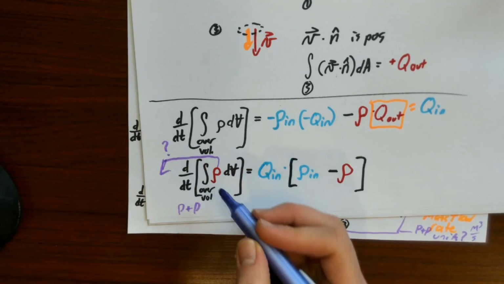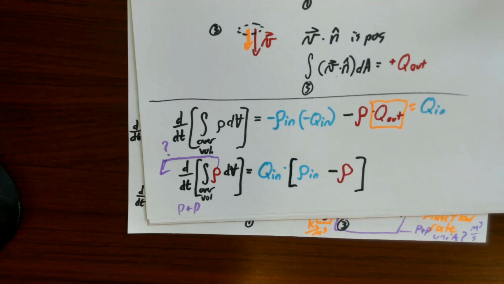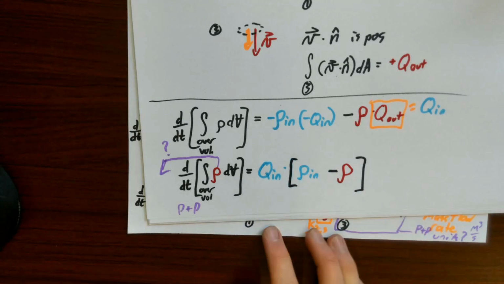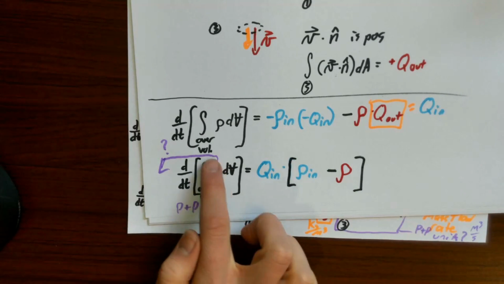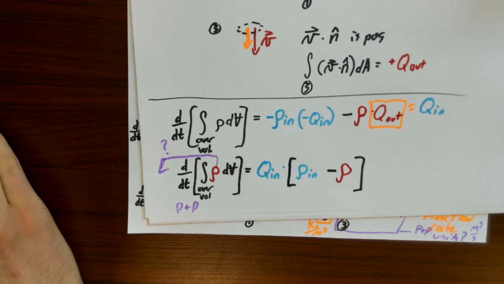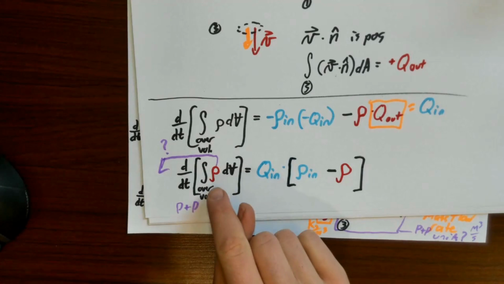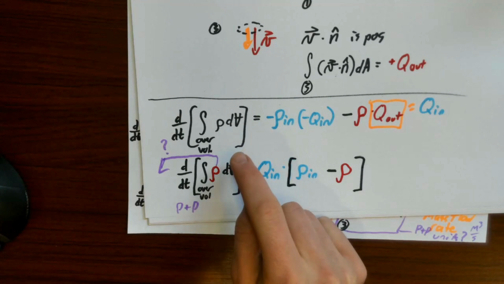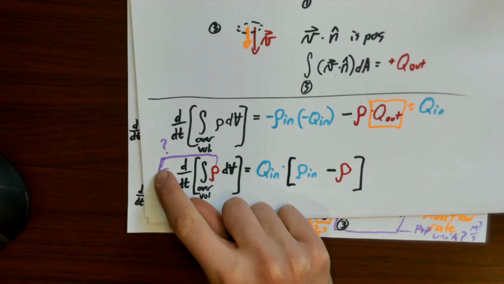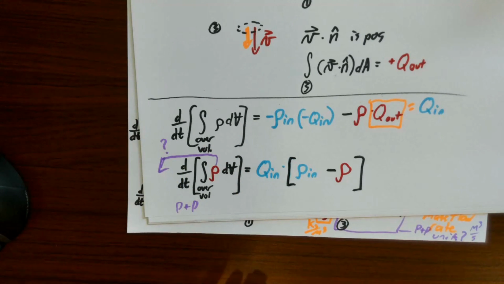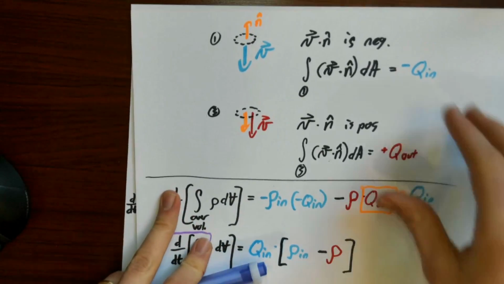Can we take this rho and put it all the way out here? So take a moment now, pause, consider. Can we pull this all the way out? The answer is not all the way out, but kind of. So let's look at it a little more deeply.